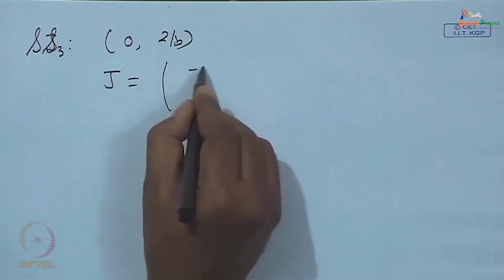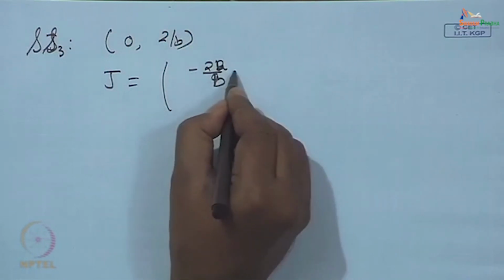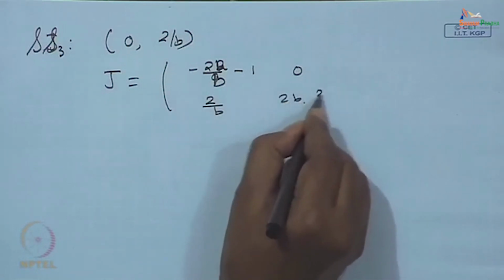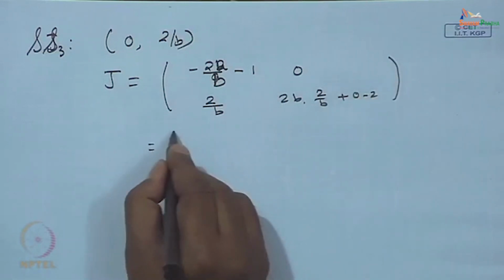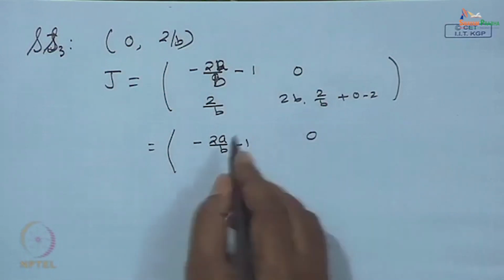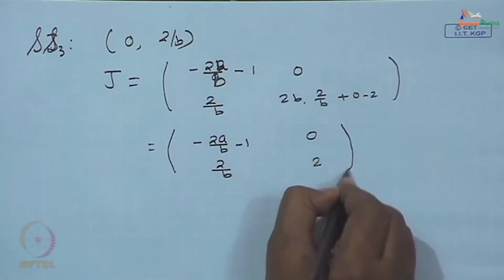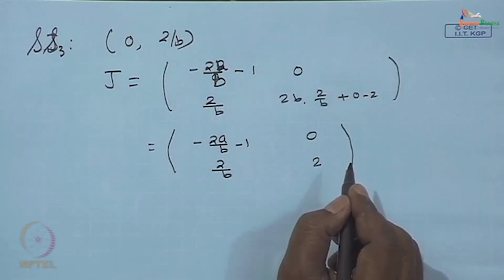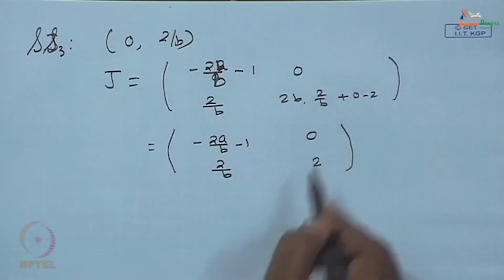So, it will be minus 2a by b minus 1, 0, 2 by b, then 2b into 2 by b plus 0 minus 2. So, this becomes minus 2a by b minus 1, 0, 2 by b and 2. Okay. So, 4 minus 2 will be plus 2.